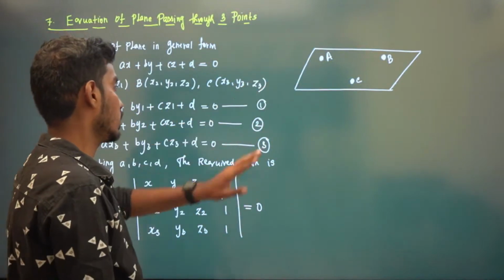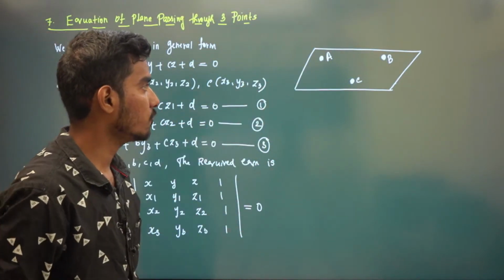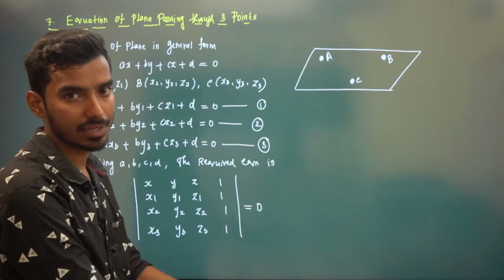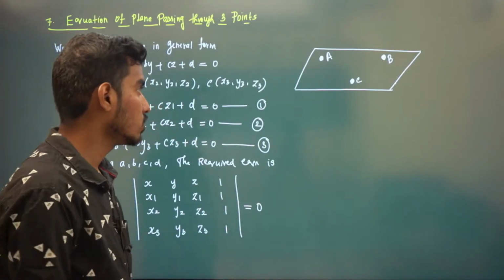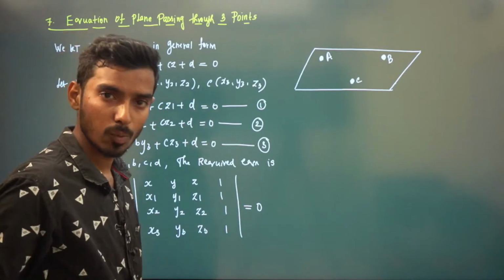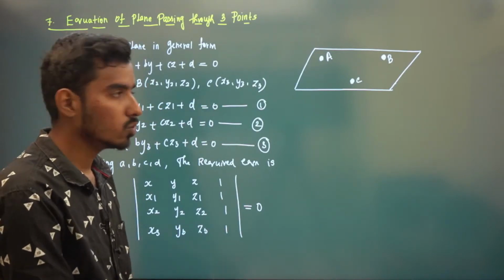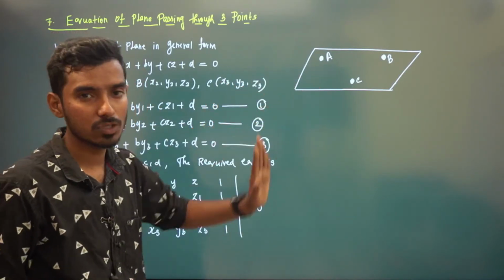Very simple, right? See, already we know the equation of plane passing through 3 points. Here you need to show 4 points are coplanar. So if you want to prove 4 points are coplanar, you just find the equation of plane passing through 3 points.